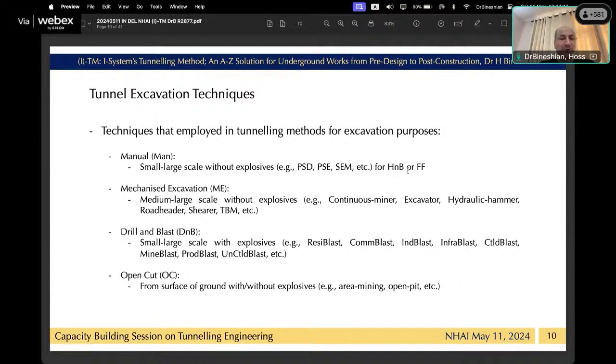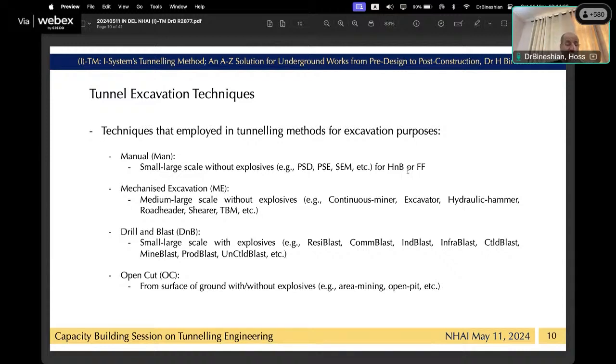Mechanized excavation, or ME, is applicable for medium to large scale without use of explosives, like continuous miner, excavator, hydraulic hammer, roadheader, shearer, and TBM.